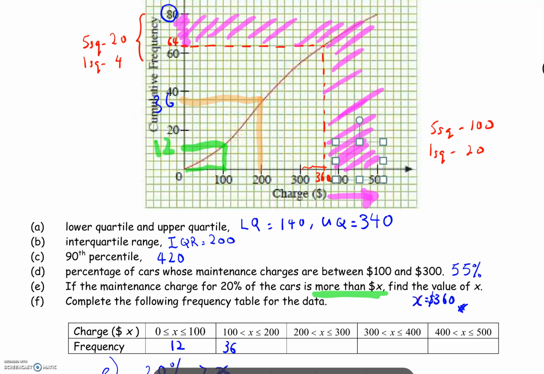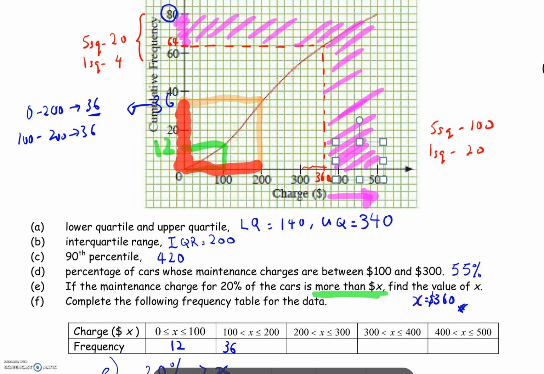Now, tell me, this 36, is it 0 to 200 is 36, or is it 100 to 200 is 36? Again, this 36 means, I use the pointer again, 0 to 200. So this one is 0 to 36.